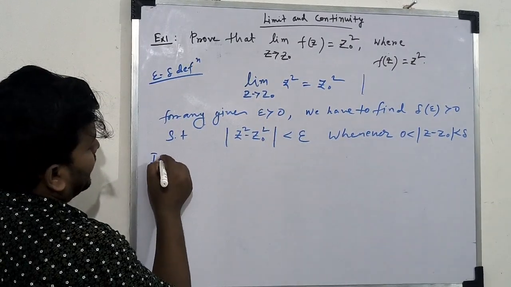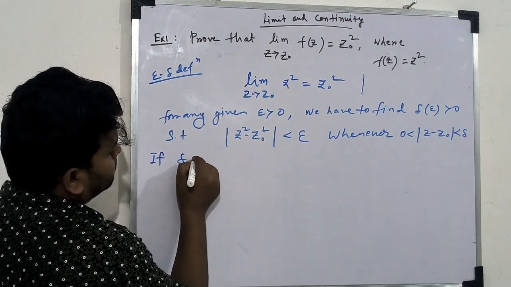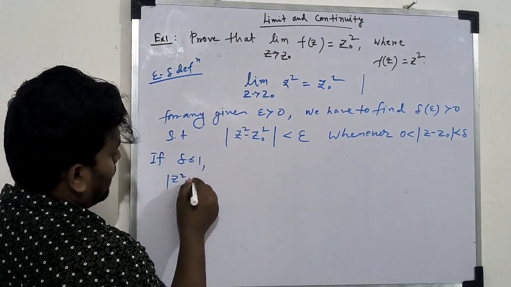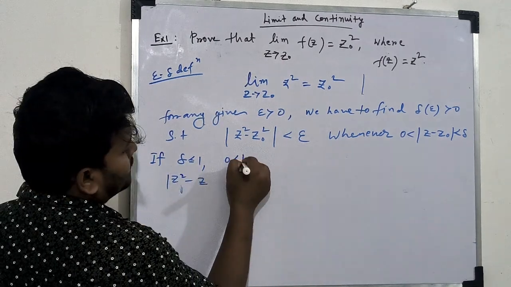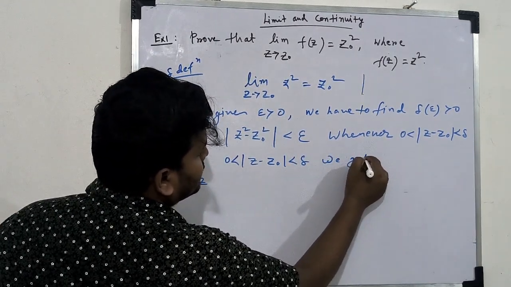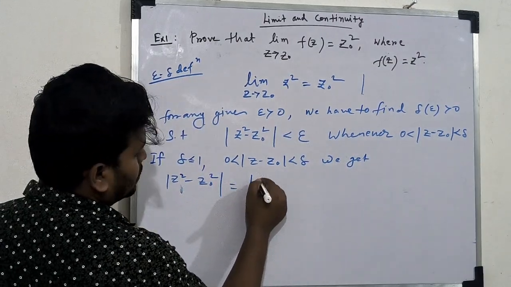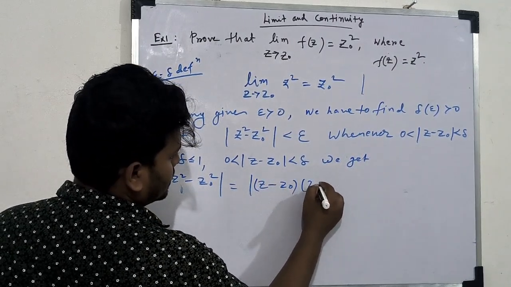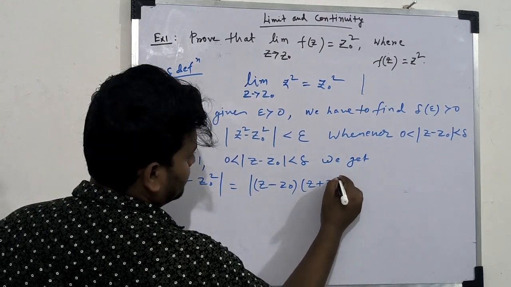First, if we take delta less than or equal to 1, then for the modulus of z minus z0 less than delta, we find z squared minus z0 squared equals z minus z0 times z plus z0.